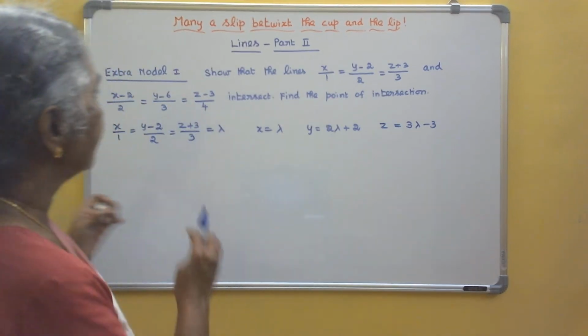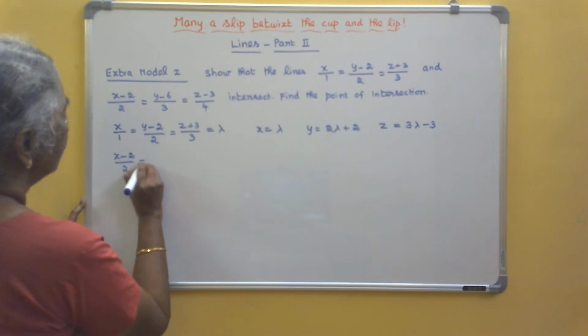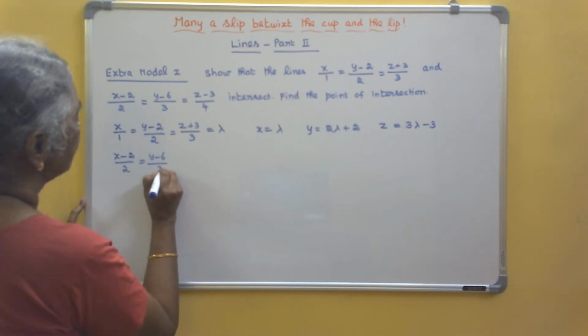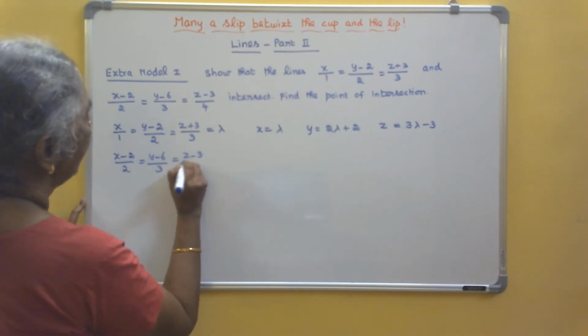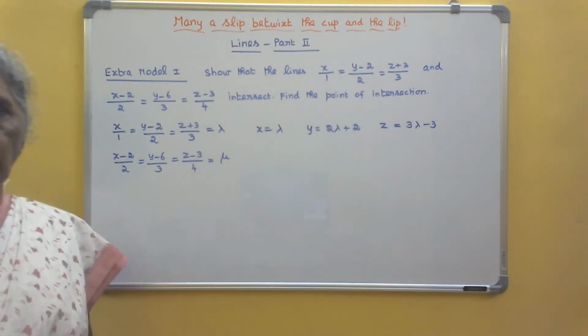Now let us take the second line, that is (x-2)/2 = (y-6)/3 = (z-3)/4, and I will equate it to some other constant, mu.